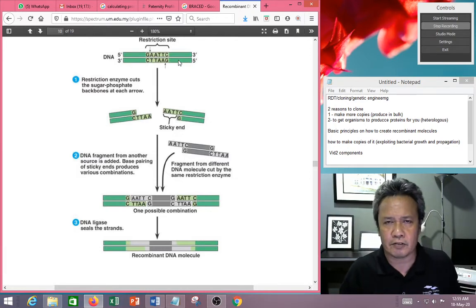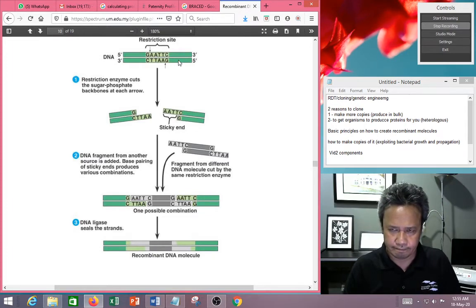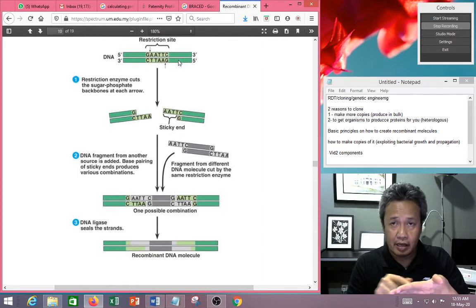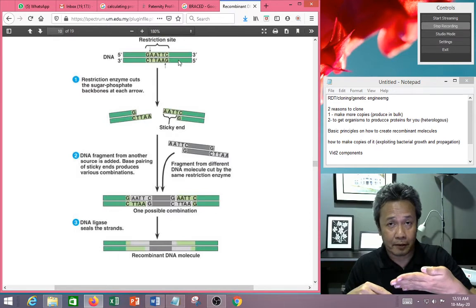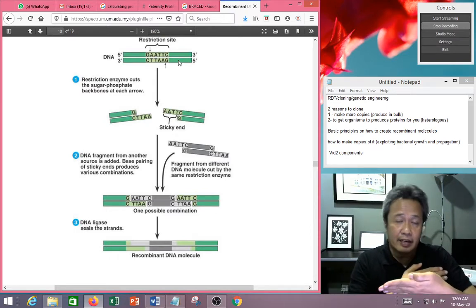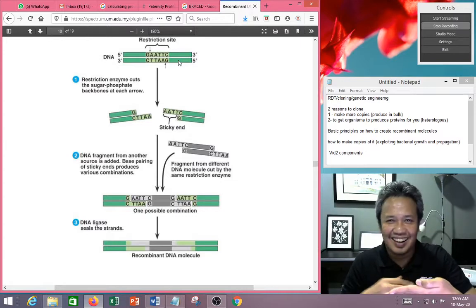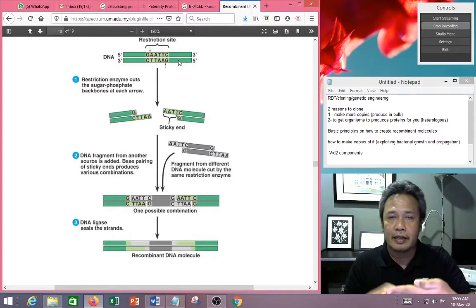Another example of a palindrome is, let's say, GTAC. If you write down GTAC, the sequence at the bottom, read anti-parallelly, will be GTAC as well.